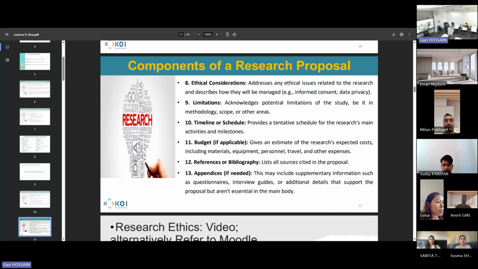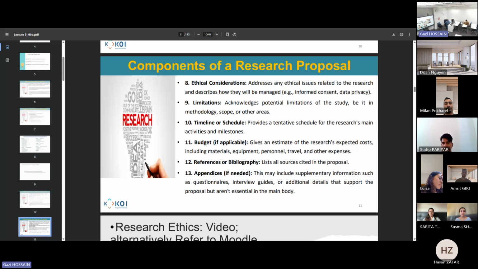If you search how many people died due to the trial of the COVID-19 vaccine, you will find it on Google. Anyway, in our business research, there is no such incident.